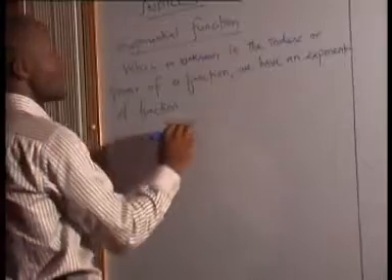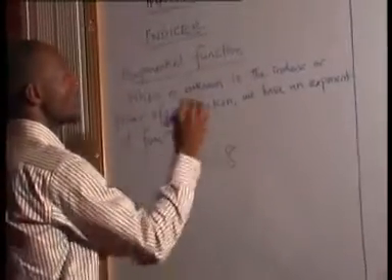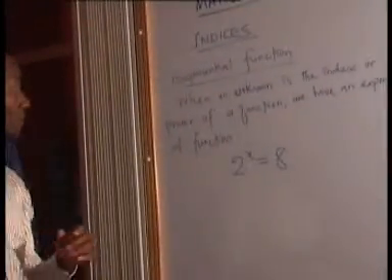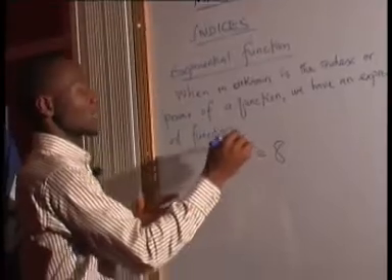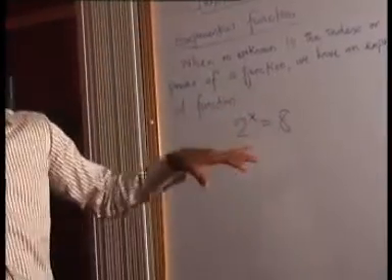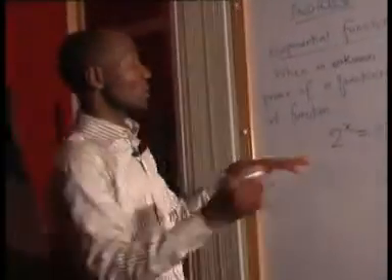For example, if you have 2 raised to power x is 8, this x is the unknown. So you represent it with an alphabet. This kind of equations, you say they are exponential functions.